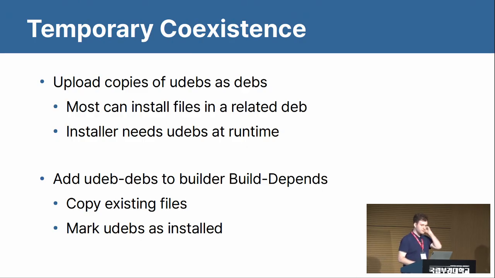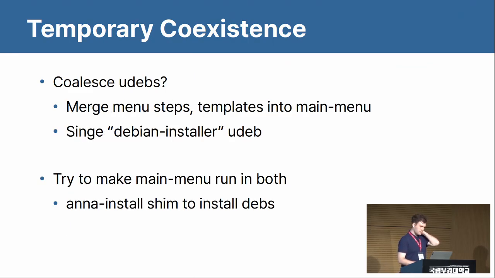But still, as the installer needs udebs, we would need to mark them as installed in the package status files. And we can continue to make things smaller by coalescing installer-related udebs, like main menu steps and templates and partman and all of that.